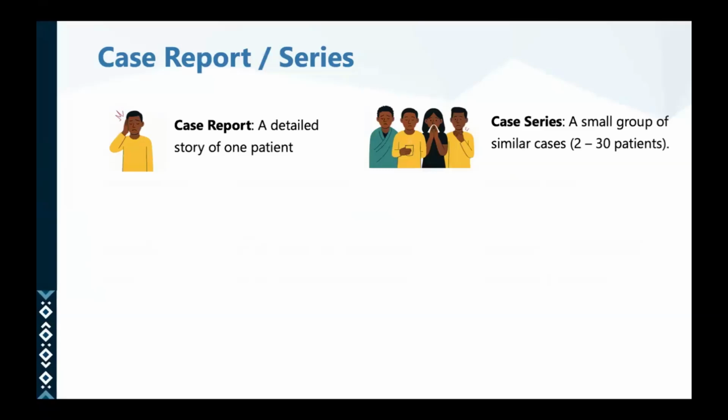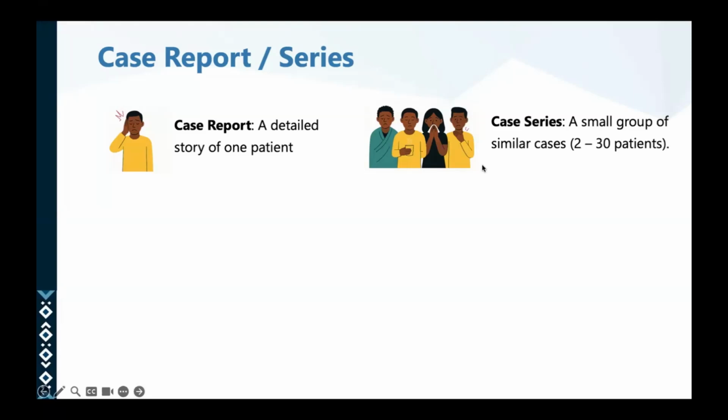So let's start with the first case, which is a case report. In a case report, you just describe a detailed story of a single patient. So you can give the clinical presentation, how the disease manifested, what you think the disease could be.